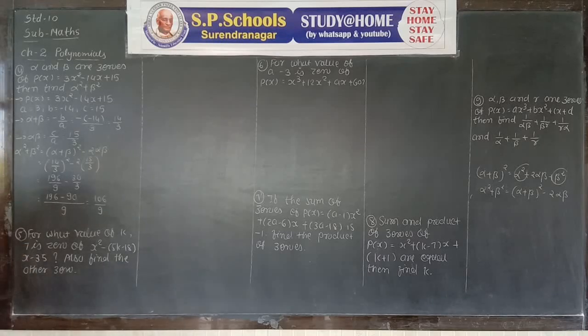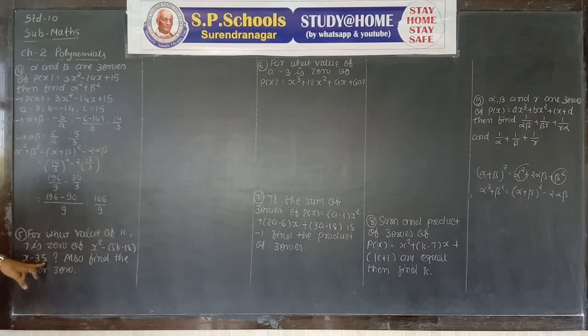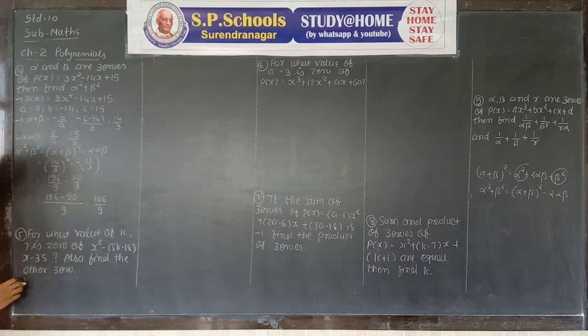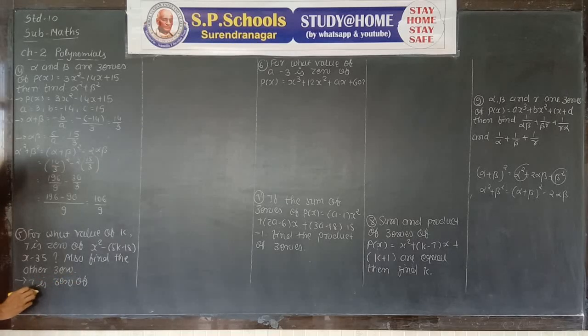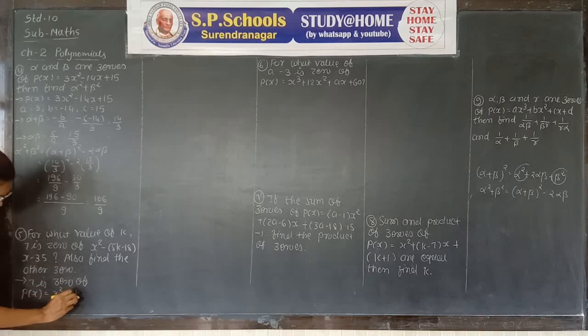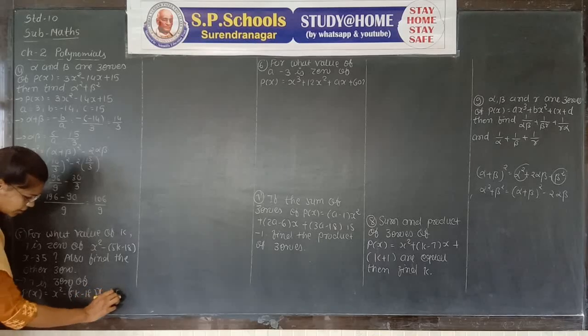Now the fifth number. For what value of k is 7 a zero of x square minus 5k minus 18 into x minus 35? Also find the other zero. Here 7 is a zero of p of x is equal to x square minus 5k minus 18 into x minus 35.